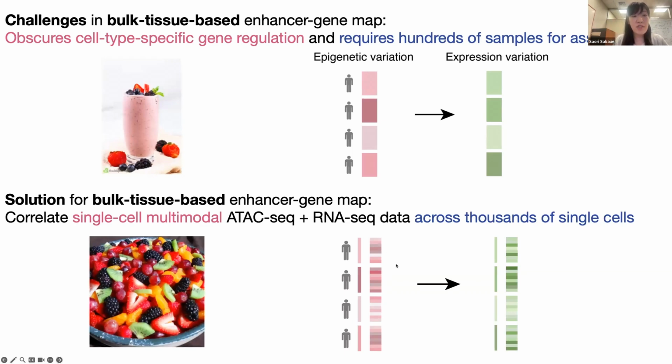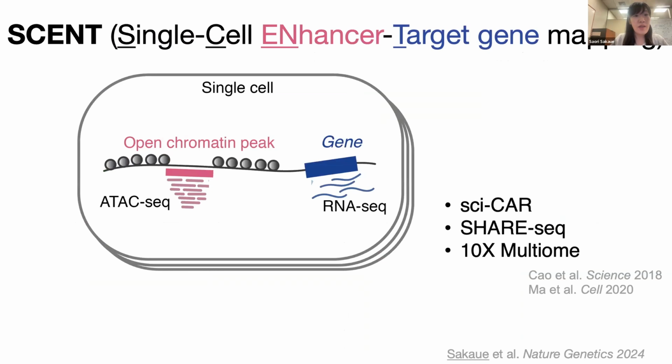So it is a more democratic way to create very tissue or cell type specific enhancer gene maps, even if you have access to tissue samples from only a few donors. So in this context, we created a method called SCENT, or Single Cell Enhancer Target Gene Map, and our paper was just published a few months ago in Nature Genetics in April.